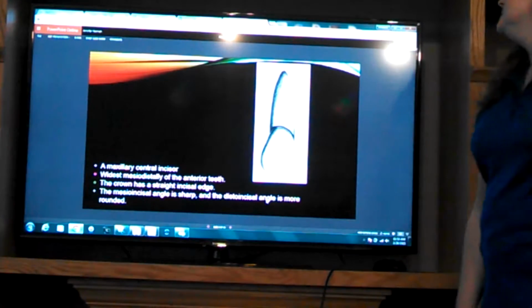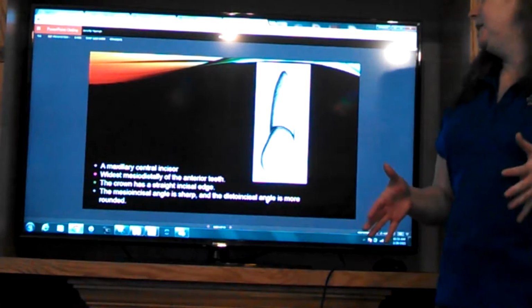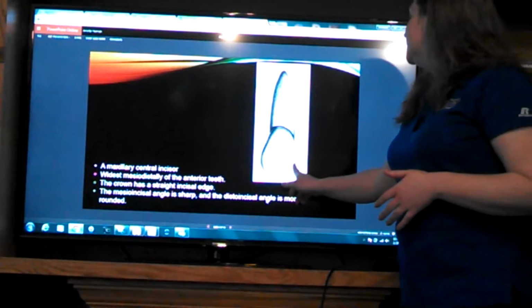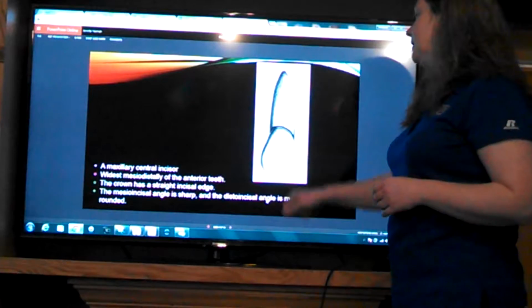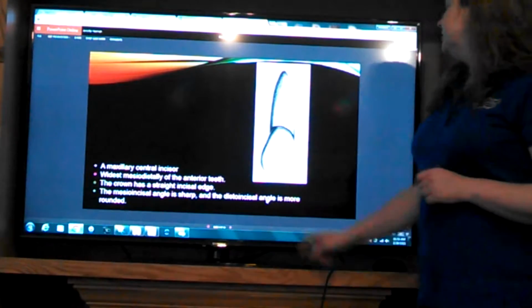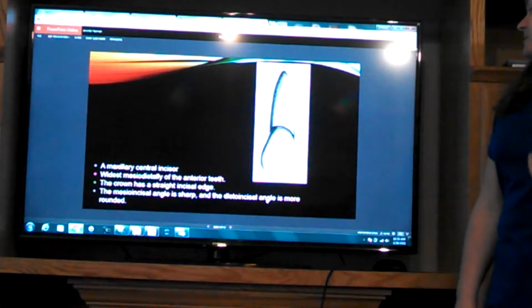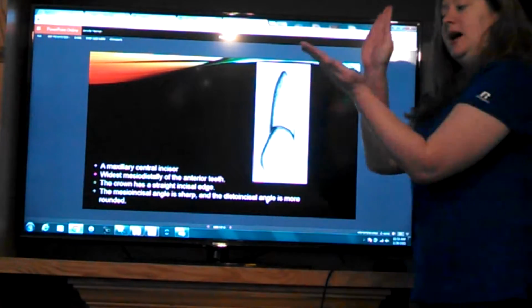The maxillary central incisor is the widest of all of the anterior teeth, mesial to distal. What they're talking about is the width of the crown from the mesial portion to the distal portion, this whole width right here. The crown has a straight incisal edge. To tell the difference between the mesial and distal, the mesial portion of this tooth is going to have a right angle.